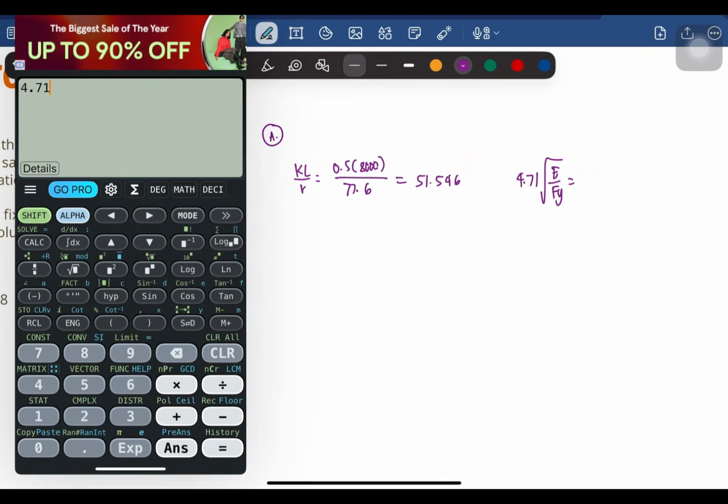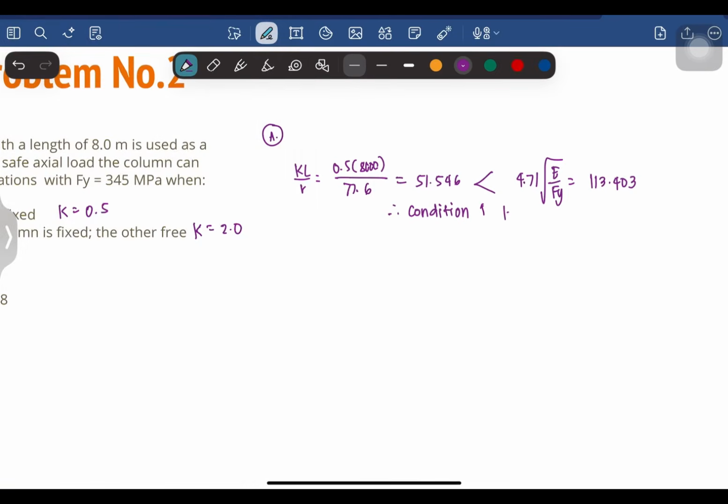So 4.71 square root of 200,000 over 345. The given Fy is 345, 113.403. So less than pa rin yung ratio nito. This will fall as inelastic buckling or in condition 1.